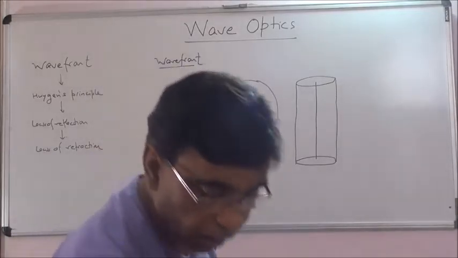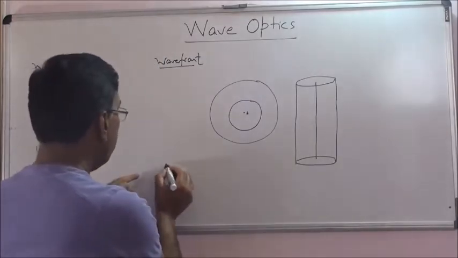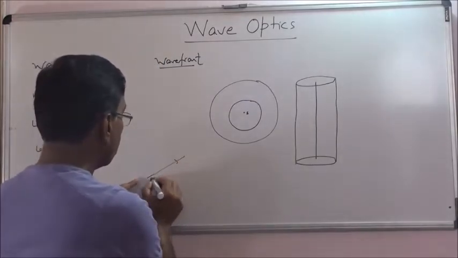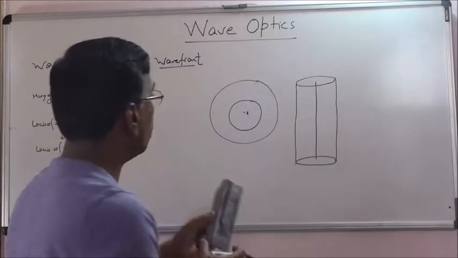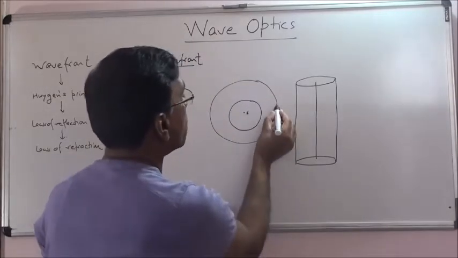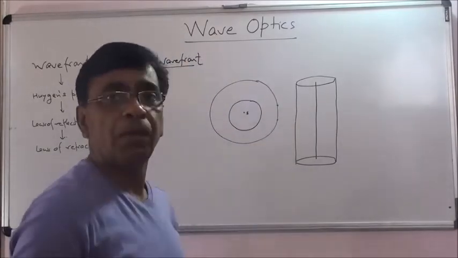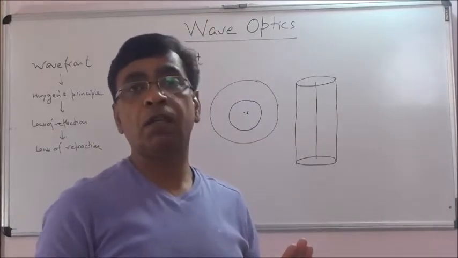But one thing keep in mind, even for a spherical one, if I am taking one very small part of the spherical wavefront, say I take only this part, then this can be taken as almost flat, a plane wavefront.